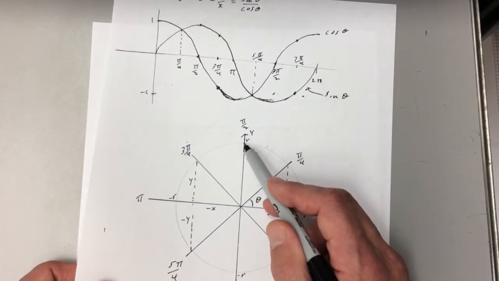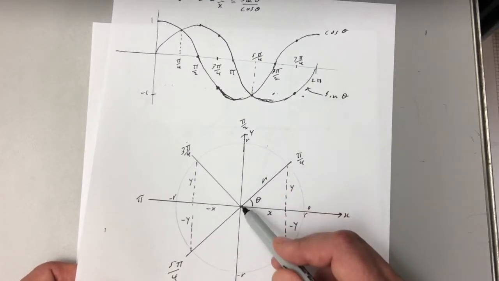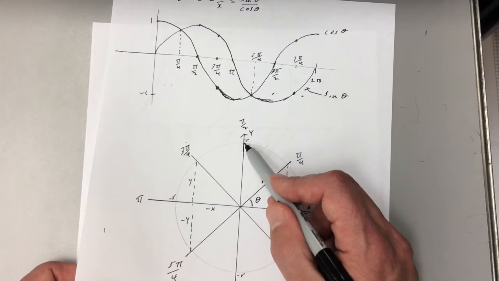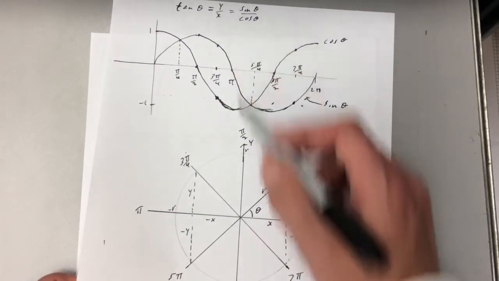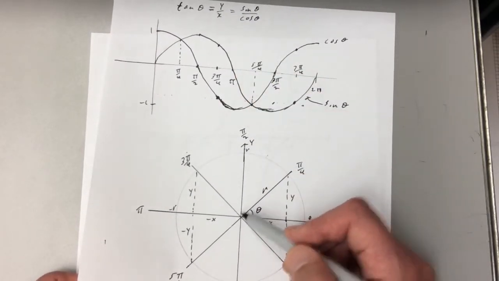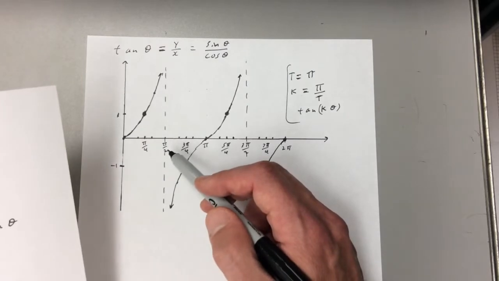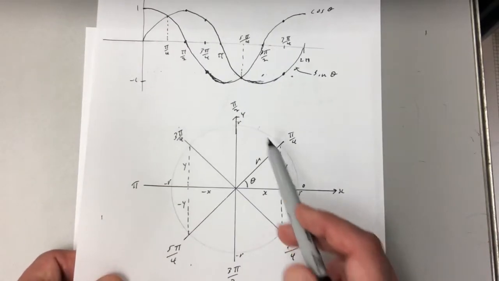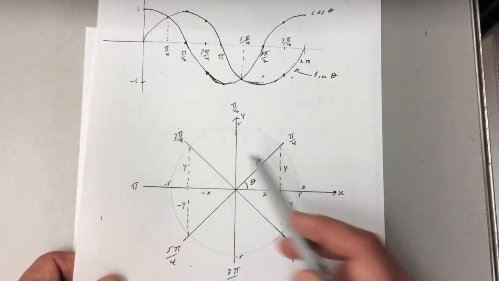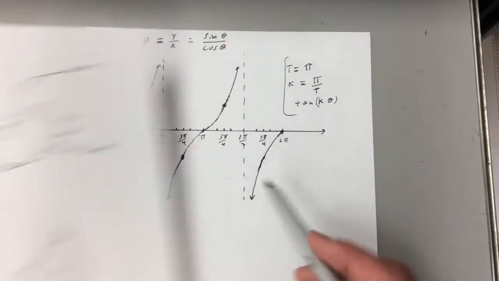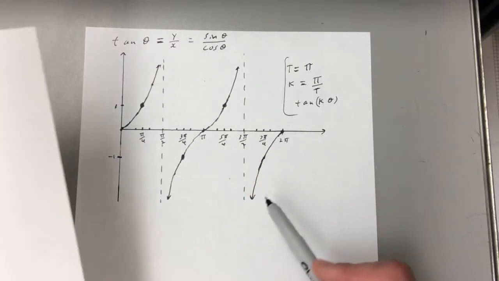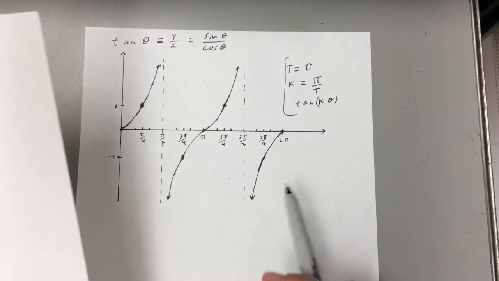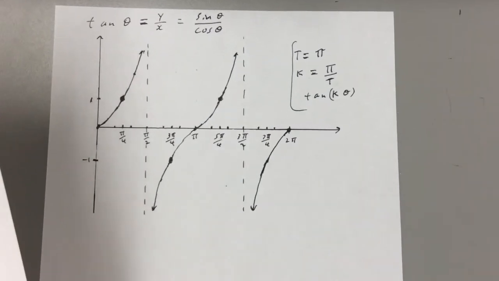Y is r, so the y coordinate of that point is r, but the x coordinate of that point is 0. So r divided by 0, y over x, is undefined. So we get this vertical asymptote. And you can keep going around this circle, doing the same thing, and you'll get all these key points on the tan graph. And then you've got a nice graph of tan.